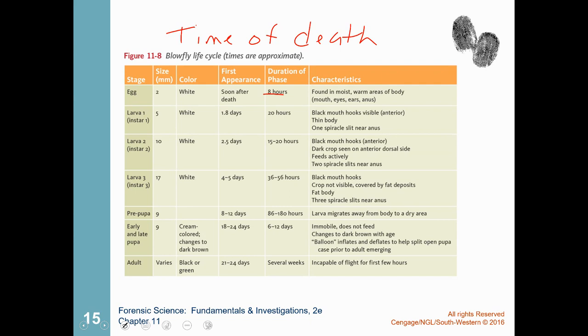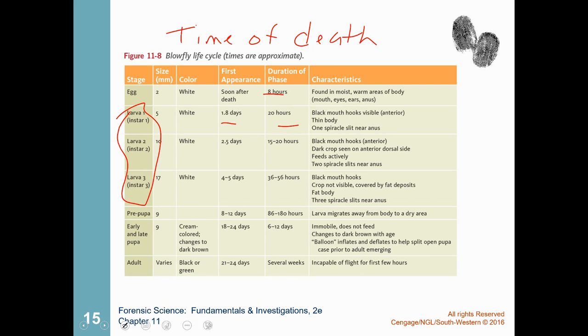Then you've got your larva stage, which first appears after 1.8 days and lasts 20 hours. Then we have our instar 2. These are the 3 different larva phases: instar 1, 2, and 3. We'll get more into that in a little bit.